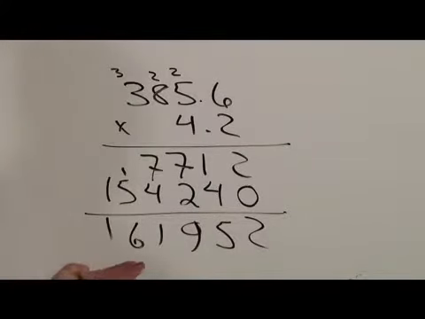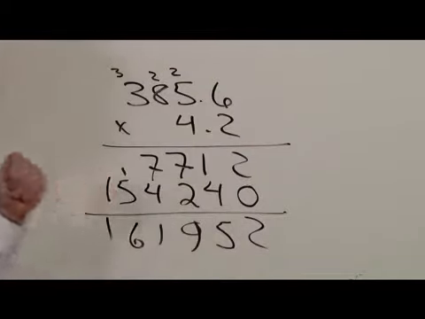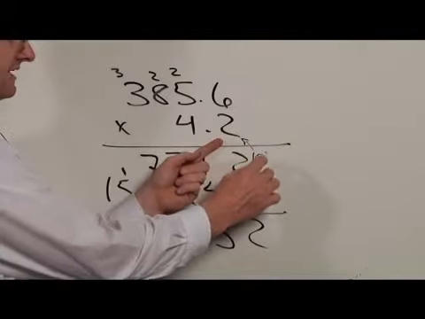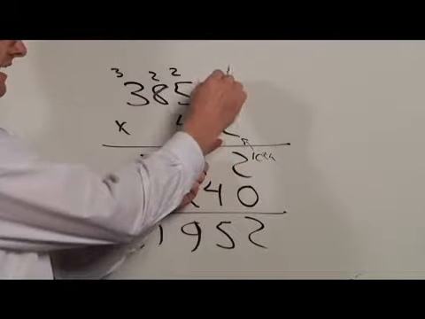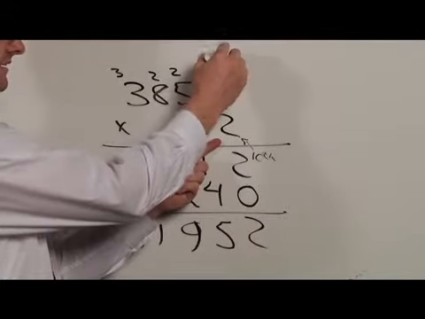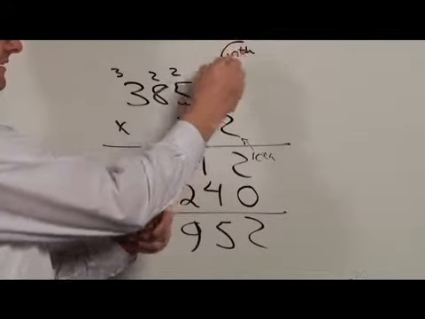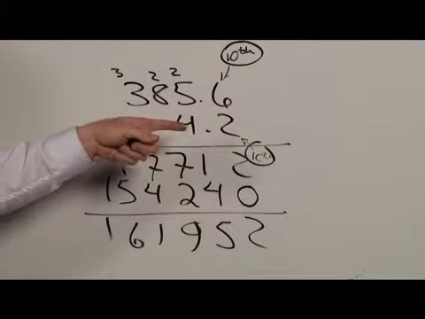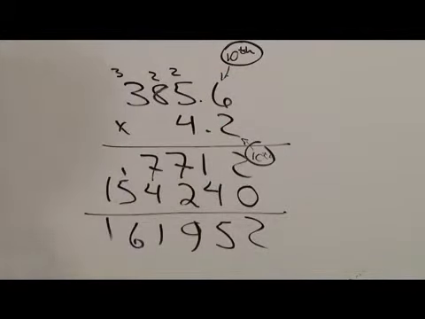Now here we have the number 161952. Notice that this guy right here is a tenth. And that guy right there is a tenth. When you take a tenth times a tenth, you're going to get a hundredth. So this guy right here better be in the hundredths position.